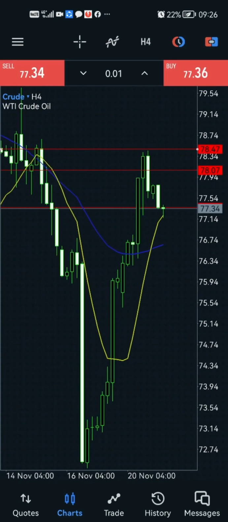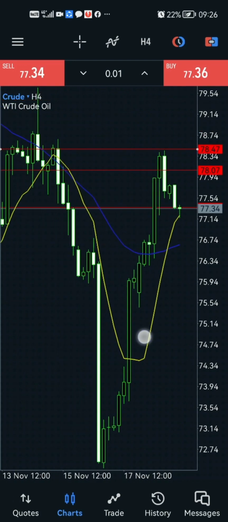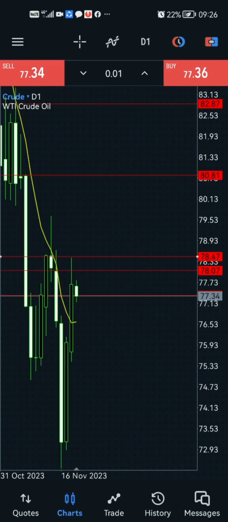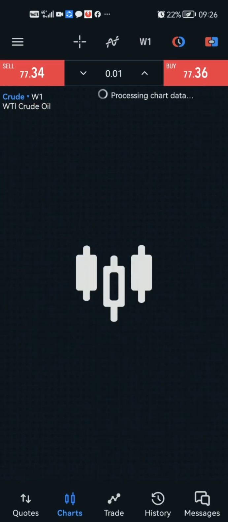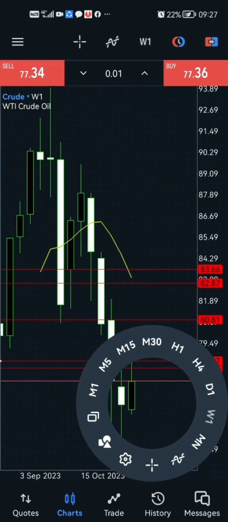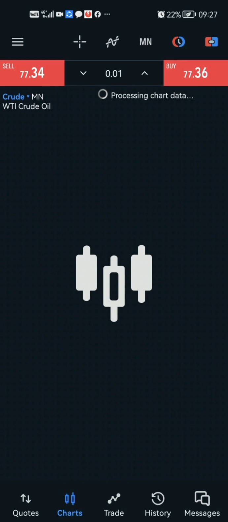Alright guys, so I was looking around and I see crude oil also showing signs of a reversal. Let's just see for the month how it looks like.